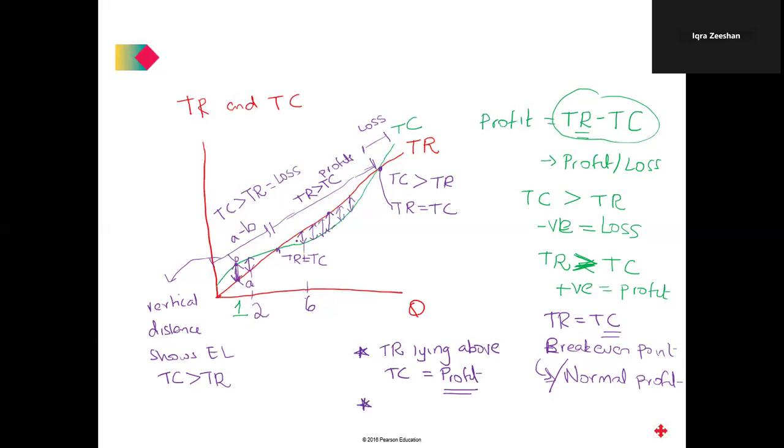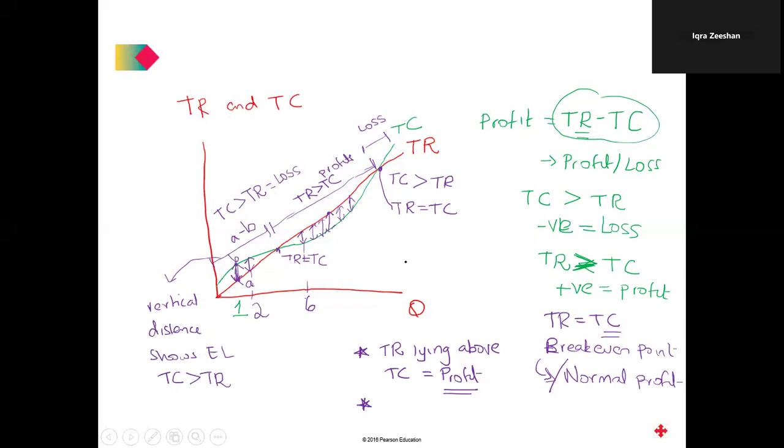We already know that from this point till this point there is profit because TR is greater than total cost. But how will we find the output at which the profit is maximum?